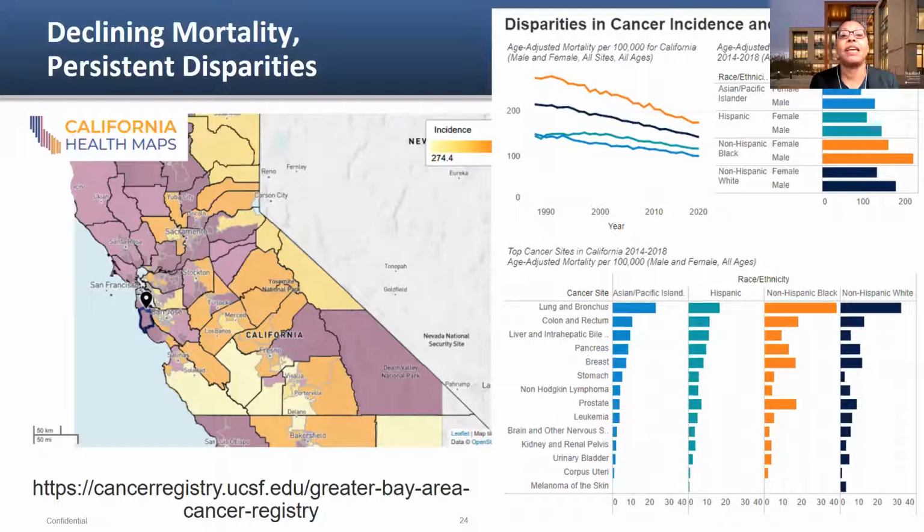The orange line in this case represents non-Hispanic Black or African-American populations in Northern California, where we see a declining rate of mortality, but mortality is still higher for non-Hispanic Blacks compared to non-Hispanic whites, for example.